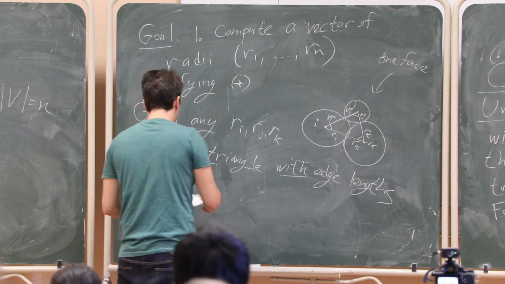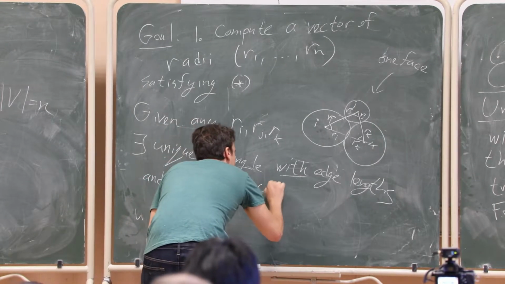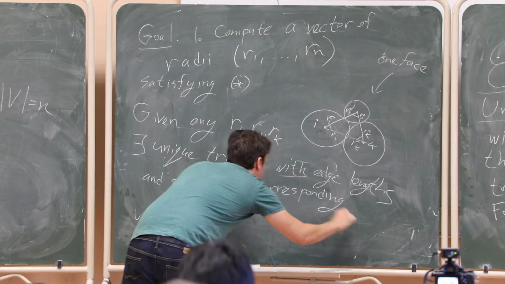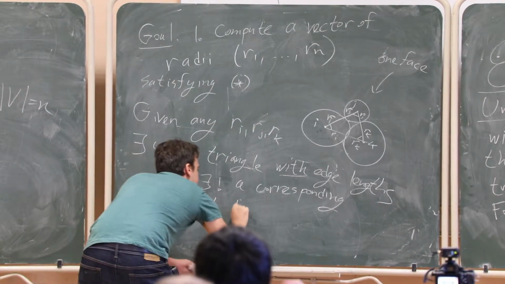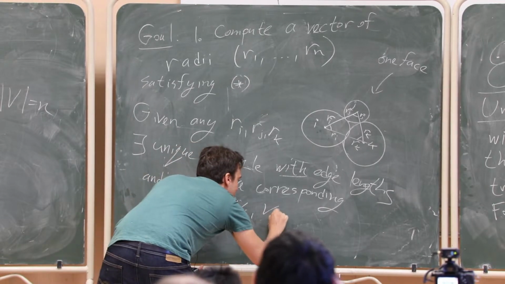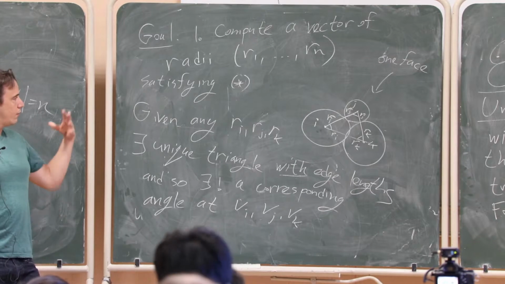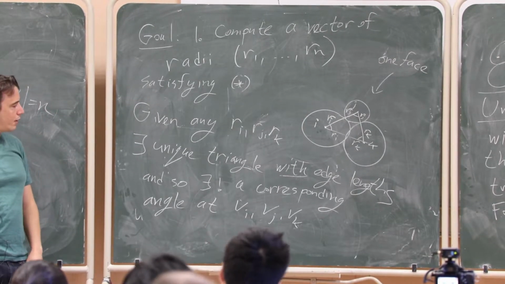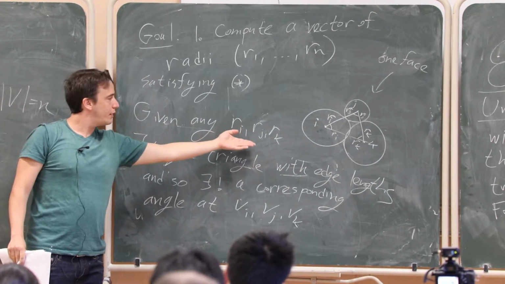And so there exists a corresponding angle at vi, vj, and vk. We go over each face, for which we are supposed to draw three mutually tangent circles.